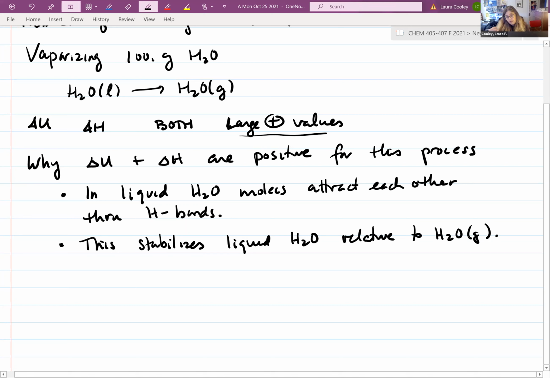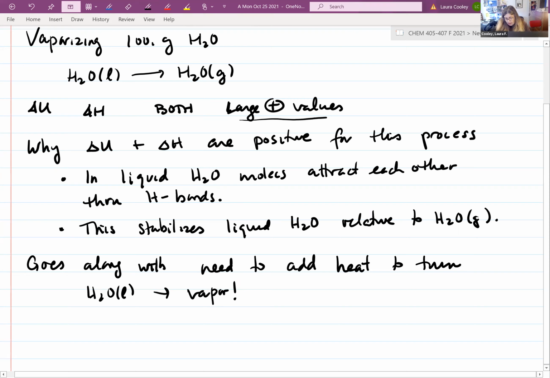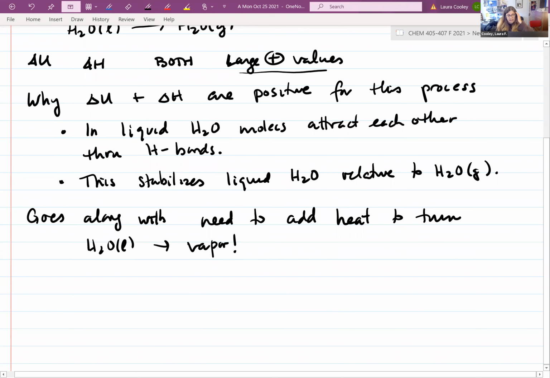So this goes along with the need to add heat, right? To have this process happen, to add heat to turn liquid water into vapor. Because if the vapor is at a higher energy, then in order to get up to that energy, you have to get that energy from somewhere, and that energy comes from the heat that's going in.